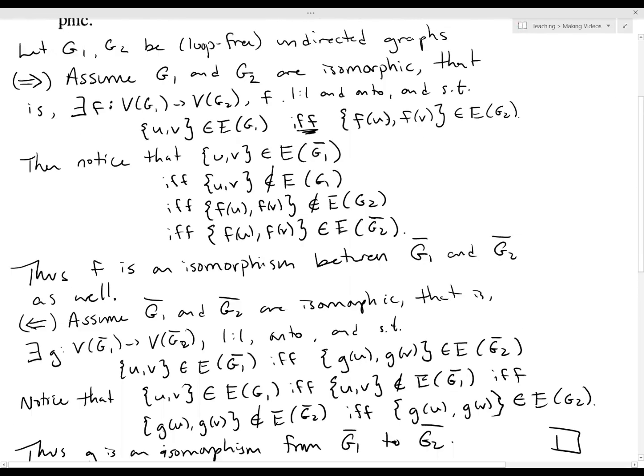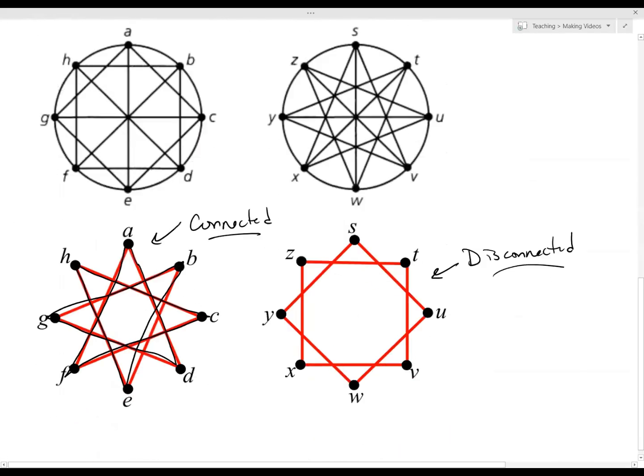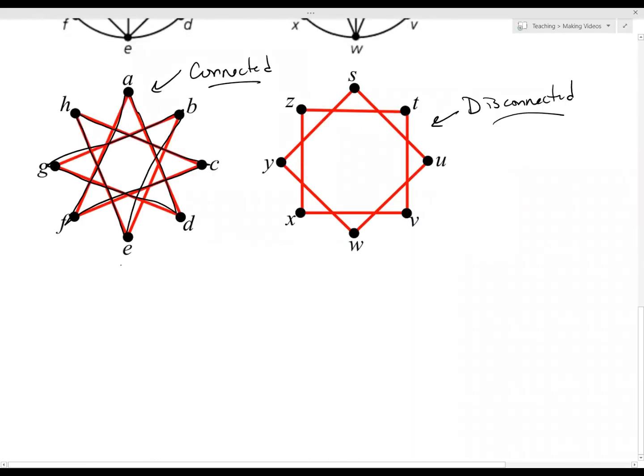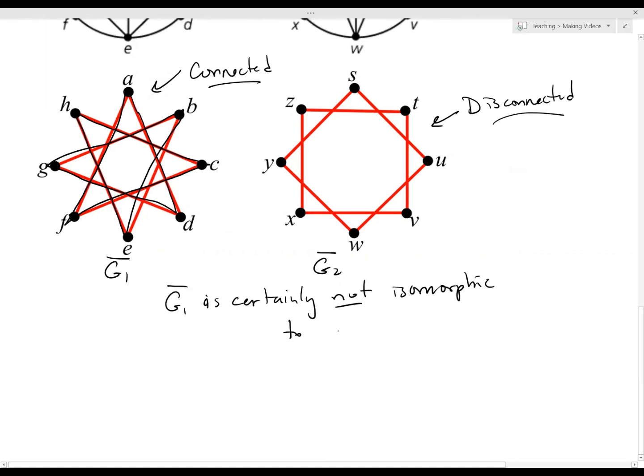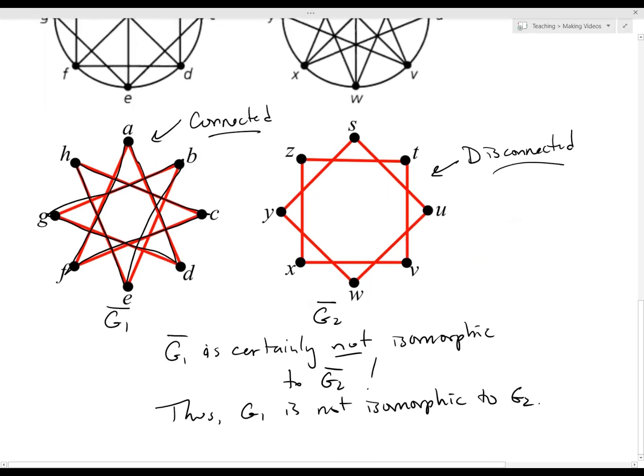And now I apply the theorem: G1 bar is certainly not isomorphic to G2 bar, because clearly one of them is connected, one of them is not. Thus, by the theorem, we have that G1 is not isomorphic to G2. And that answers the question.